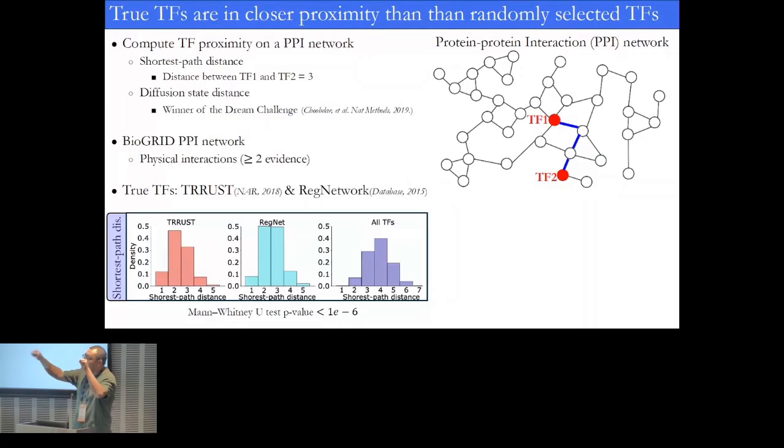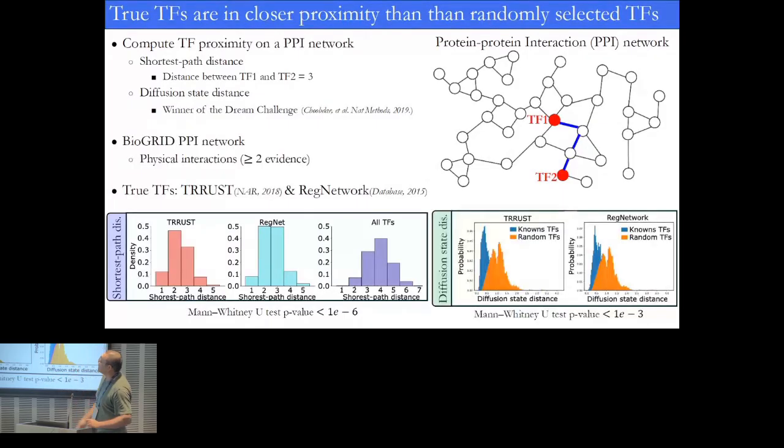Basically, we go through all pairwise transcription factors and compute their shortest path distance on the PPI network. As you see, the average distance between two transcription factors on the PPI network is actually 4. So this clearly indicates that if two transcription factors are trying to regulate the same target gene, they have to be physically close. Then we use another metric, the diffusion state distance, to estimate the TF proximity.